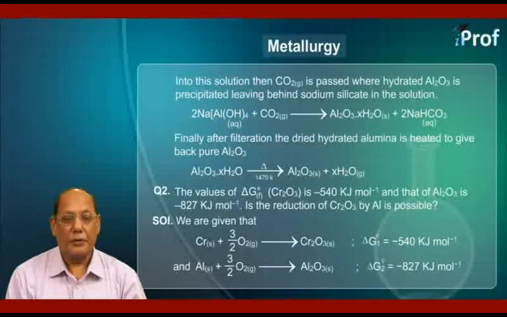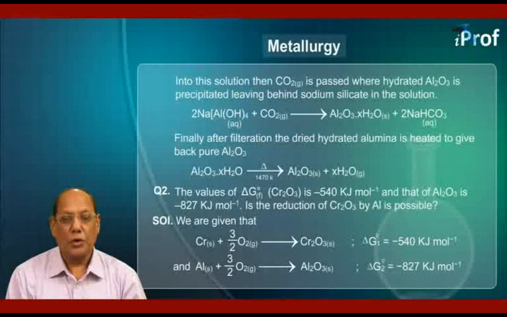We are given that Cr (solid) + 3/2 O2 (gas) gives Cr2O3 (solid), and ΔG1° for this first step is minus 540 kilojoule per mole, and for the second reaction, Al (solid) + 3/2 O2 (gas), we get Al2O3 (solid).